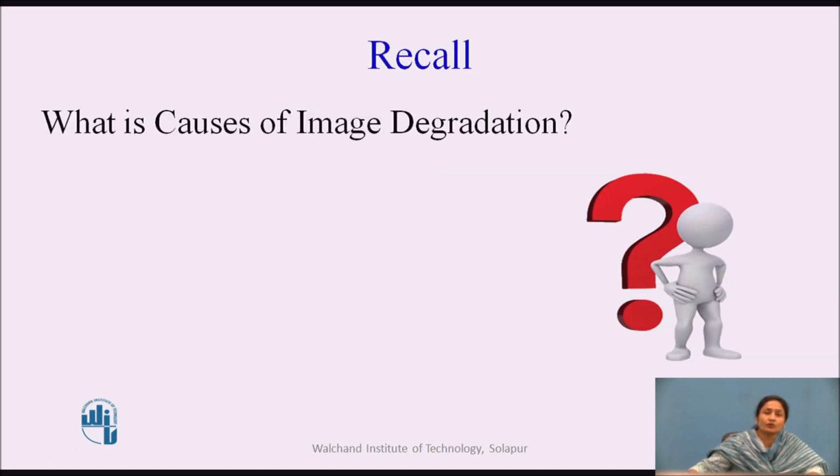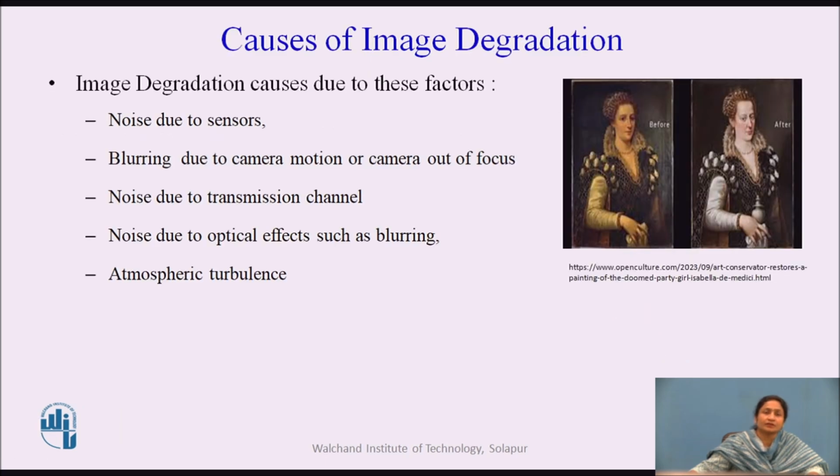Now let us recall the causes of image degradation. The image degradations are caused by these factors. The first can be noise due to the sensors, or blurring due to camera motion or the camera being out of focus.